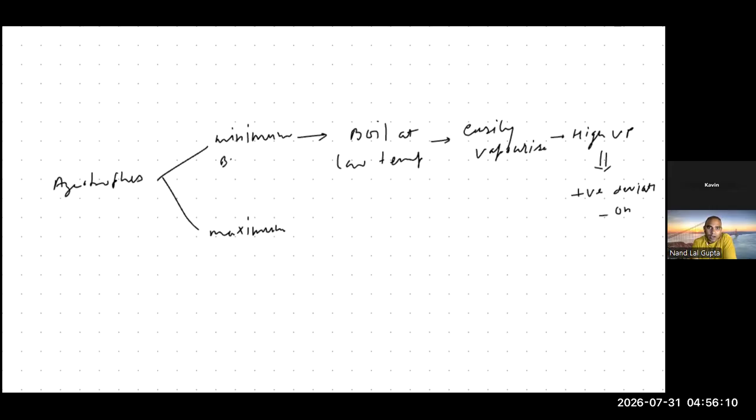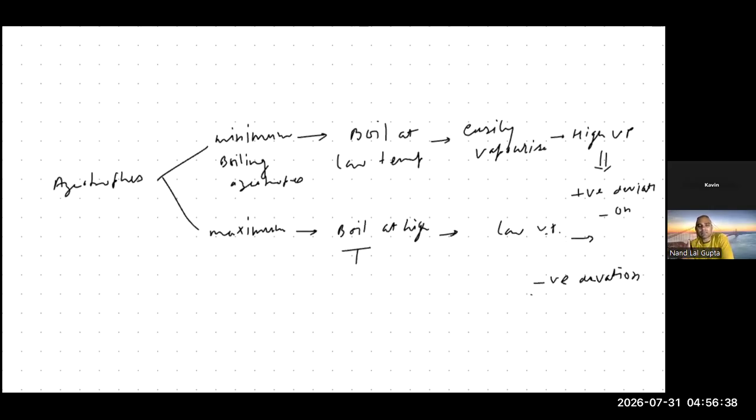And if you talk about maximum boiling azeotrope, it boils at high temperature, so it is not going to vaporize easily. It means low vapor pressure, which means negative deviation. The solution showing negative deviation from Raoult's law represents the maximum boiling azeotrope.